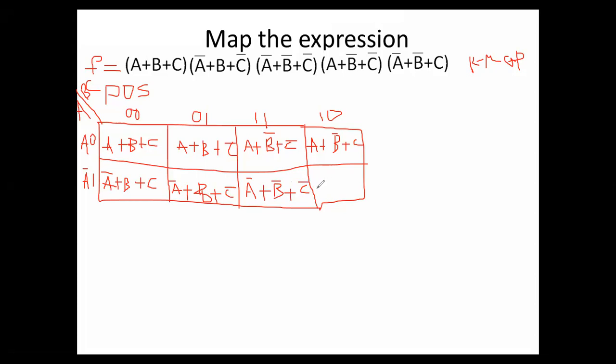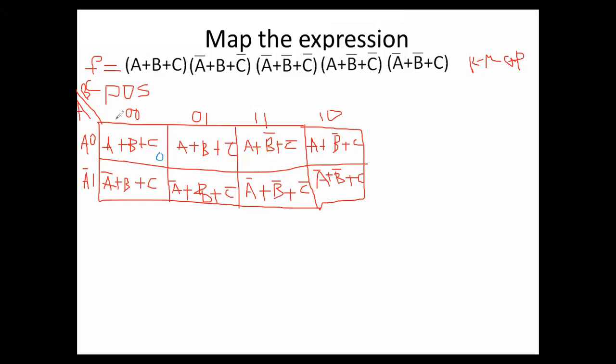Next, A is 1, A bar plus B is 1, B bar, plus C is 0, that is C. These are the expressions we are getting in each cell. Now you will be giving the values. This cell belongs to 0.